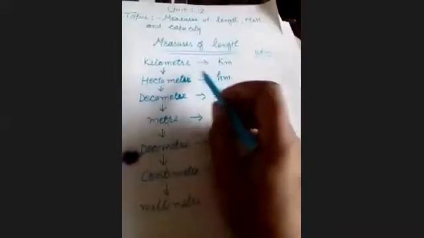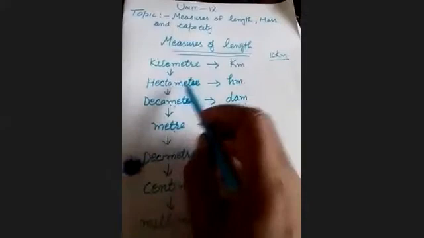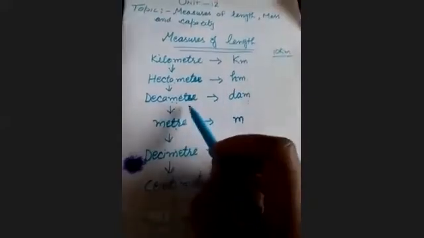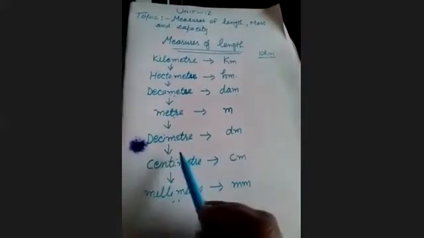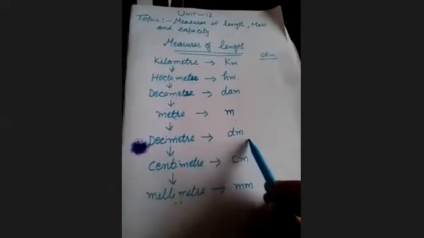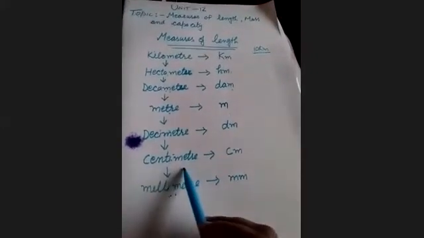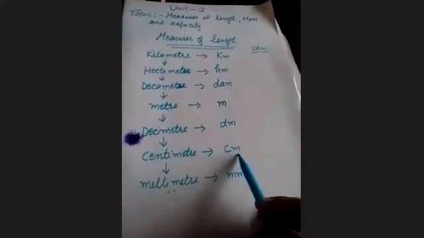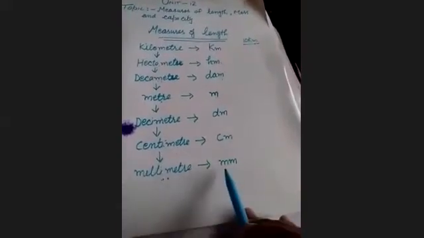So these are short forms of these units: kilometer km, hectometer hm, decameter dam, meter m, decimeter dm, centimeter cm, millimeter mm.